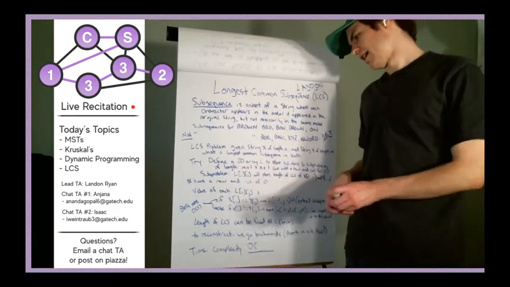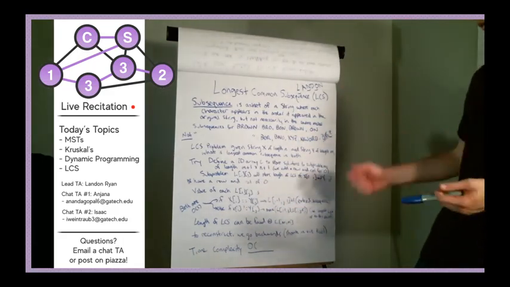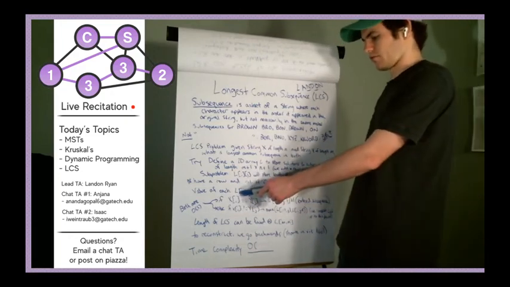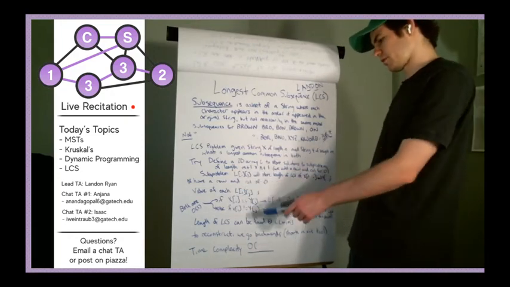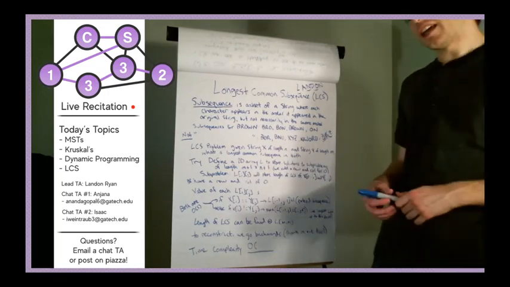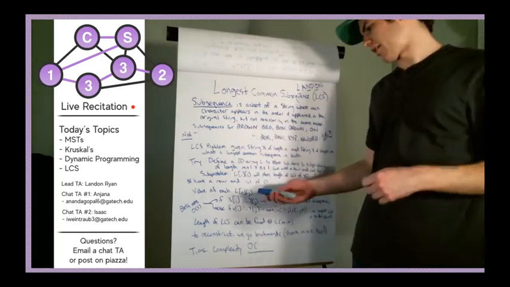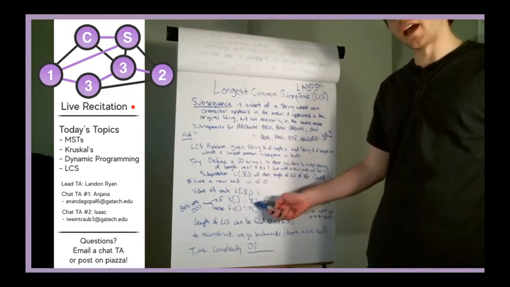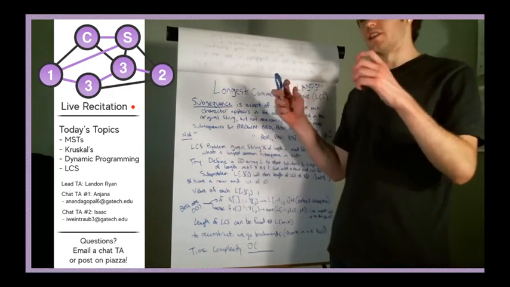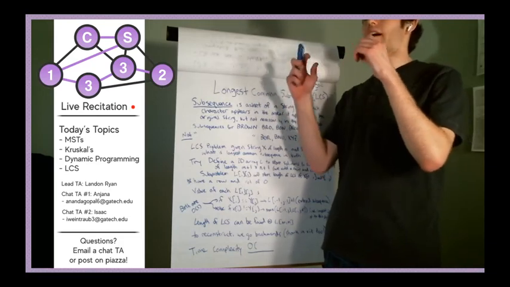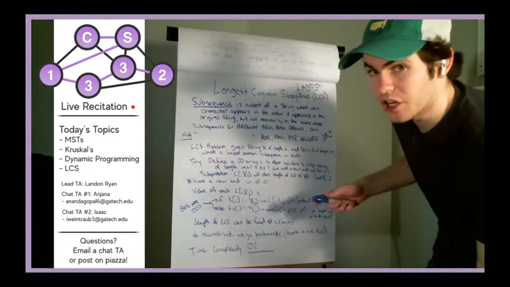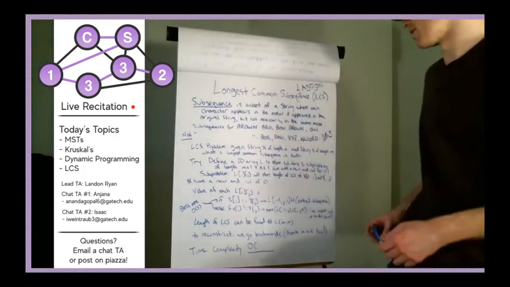Basically, the value of L at i and j, where i is pointing to string X and j is pointing to string Y, depends on whether the character at i of X is the same as the character at j of Y. If they are the same character, we actually want to increase the running length of the longest subsequence, right?